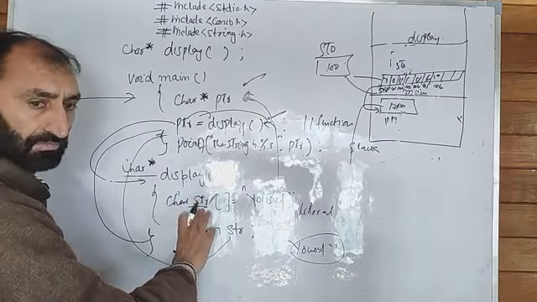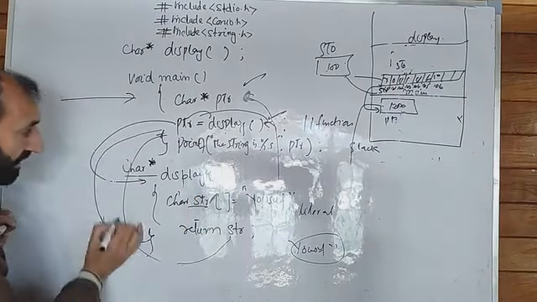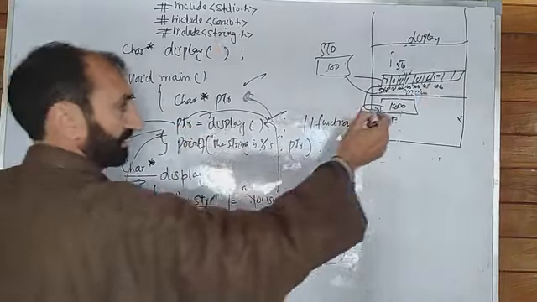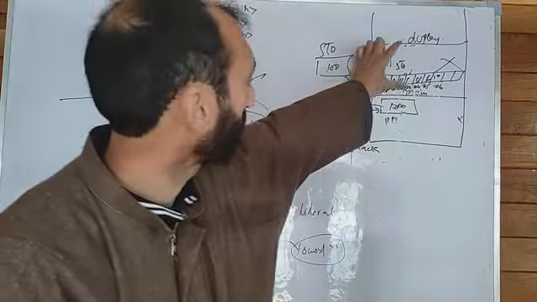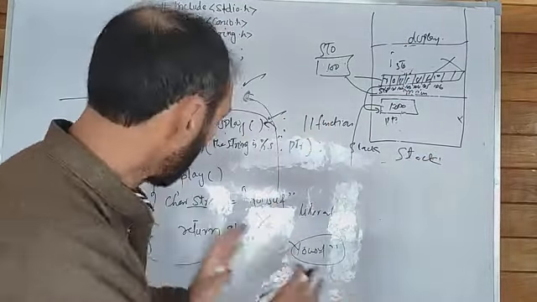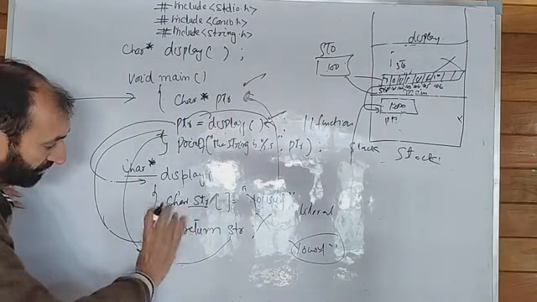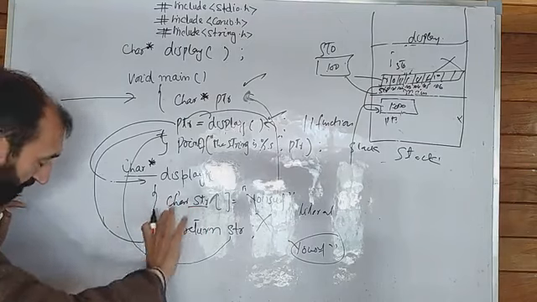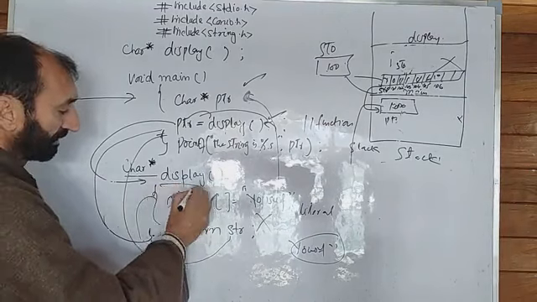As soon as control goes outside of the display function, this memory gets erased and released, because it is stored in stack memory. str is a local variable, and its scope is only this display function.